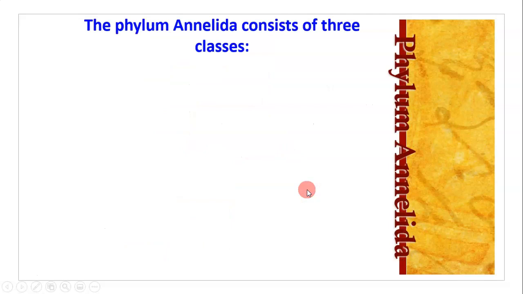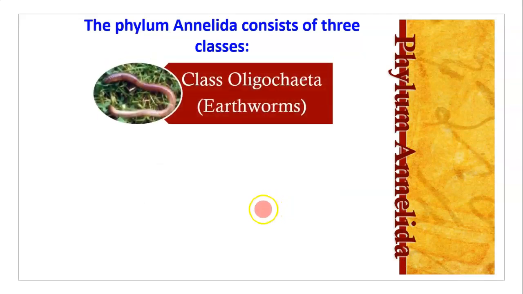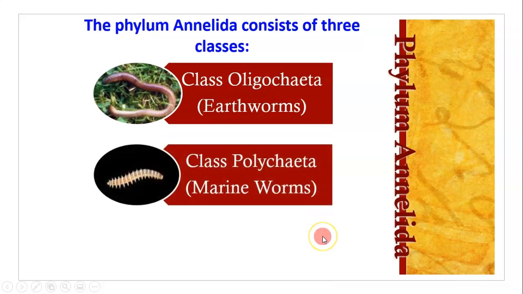Now, there's three classes of this phylum, and this is related to your exit ticket today, so pay attention. There's class Oligochaeta, and that's the earthworms. You can also call them the oligochaetes. There is class Polychaeta, or the polychaetes. Those are all marine worms.